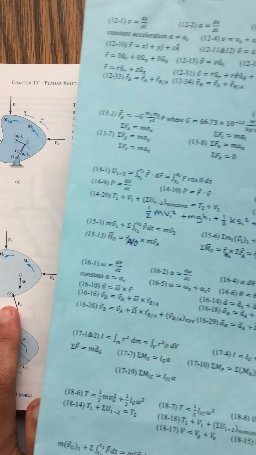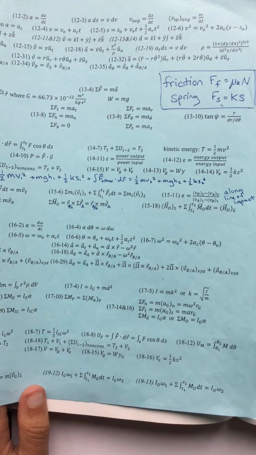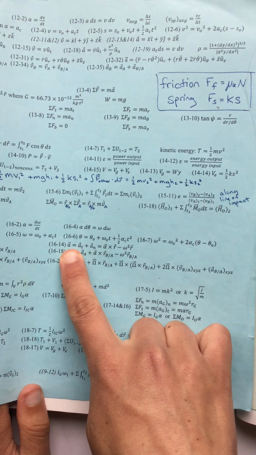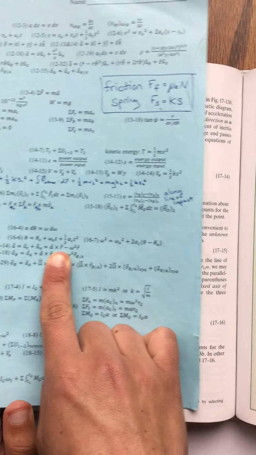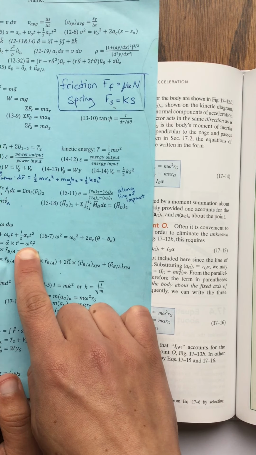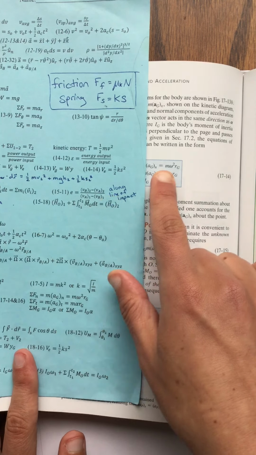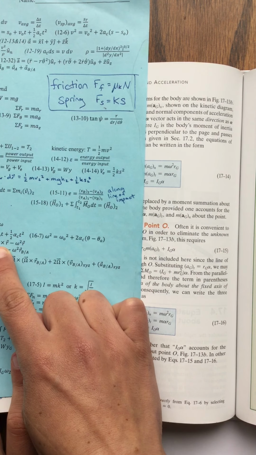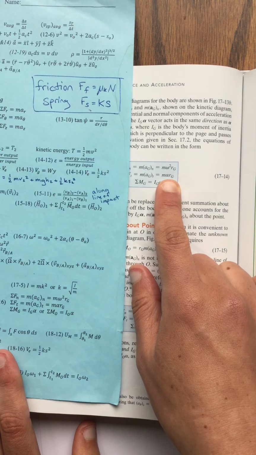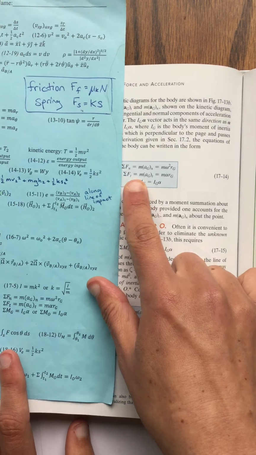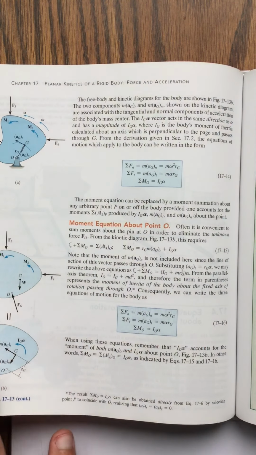And when we looked at the acceleration in normal tangential components back in chapter 16, we had this equation here. So we have angular velocity squared times r, that's for the normal component, and this cross product, angular acceleration crossed with r, is giving you the angular acceleration times the r for the tangential component.